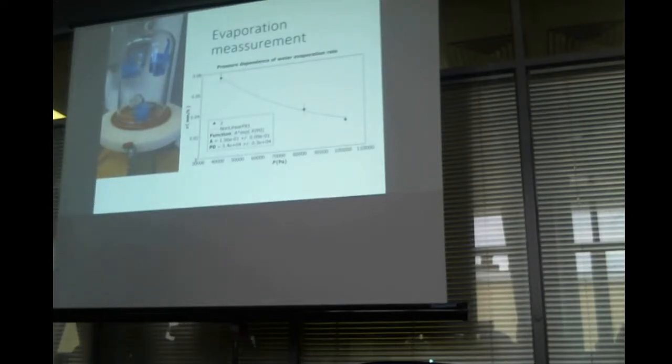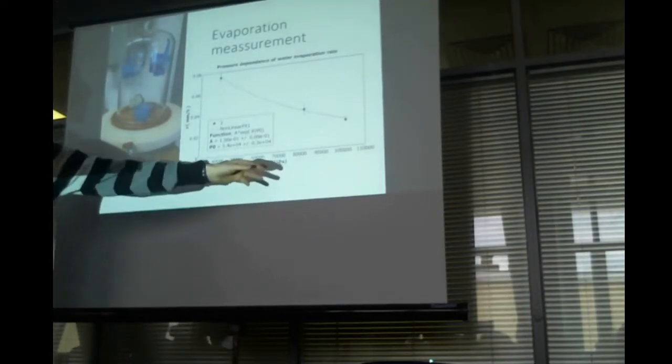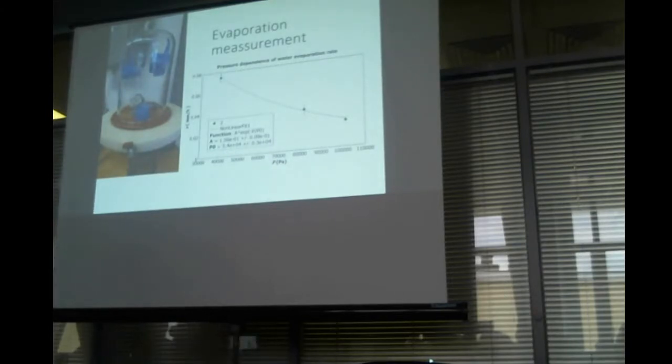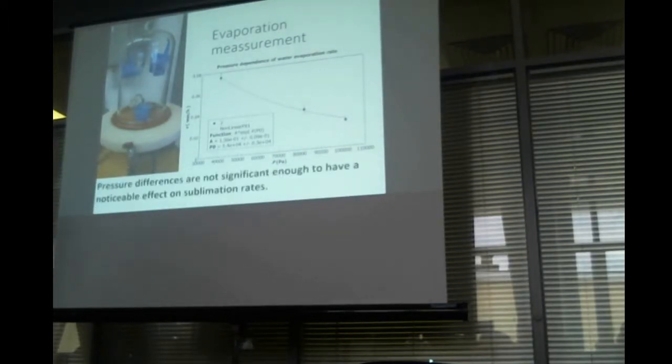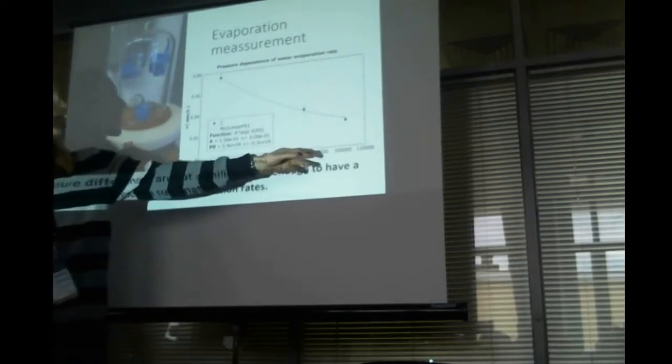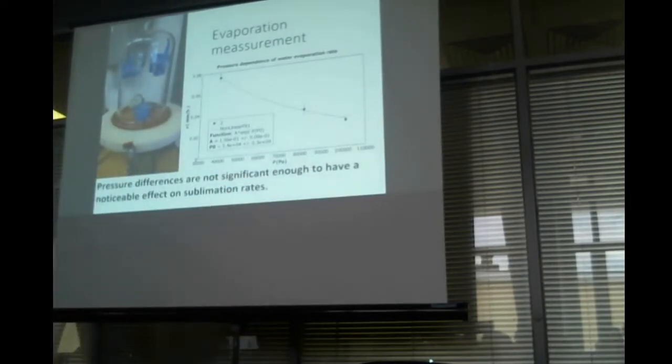What we concluded from this graph is that the pressure differences we deal with in our problem are not relevant for differences in sublimation, because, as we can see, a difference in pressure of about 10 Pascal, which is what we deal with, doesn't change the sublimation rate much. So this part we will neglect.